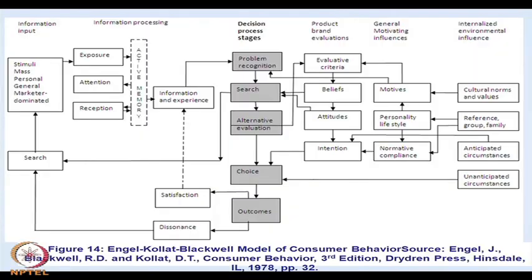It basically explains the interrelationships between the various stages of the decision making process, for example the relationship between belief, attitude and intention.